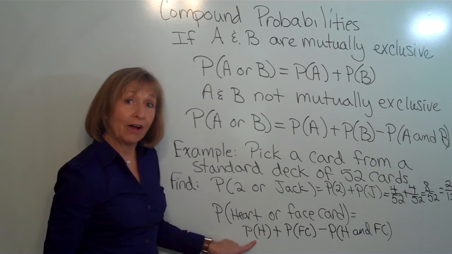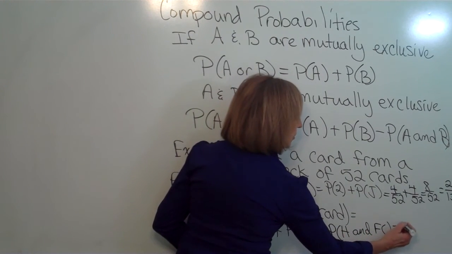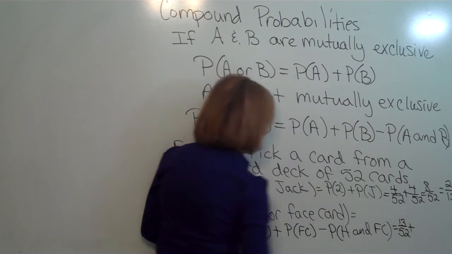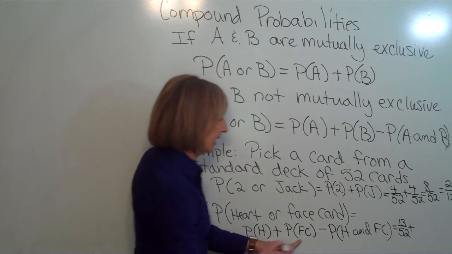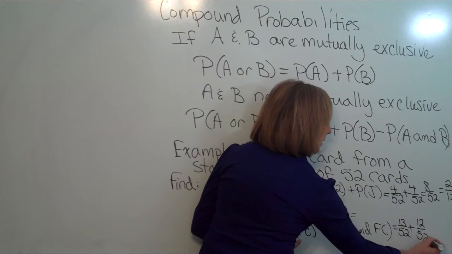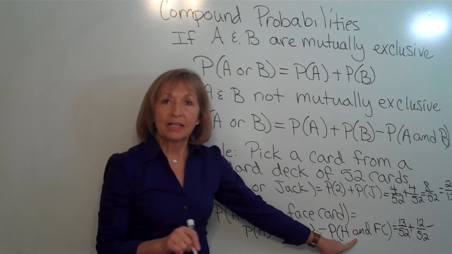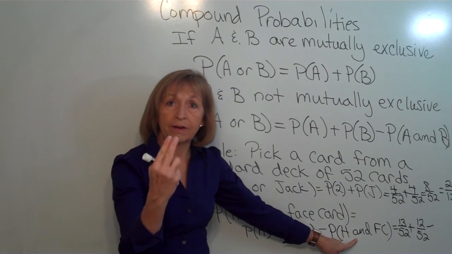And so probability of hearts, there's 13 hearts in the deck, so that's 13 out of 52, plus face cards, there's 12 face cards in the deck, so that's 12 out of 52. And I need to subtract from that the hearts that are face cards, so that's the Jack of Hearts, Queen of Hearts, King of Hearts.